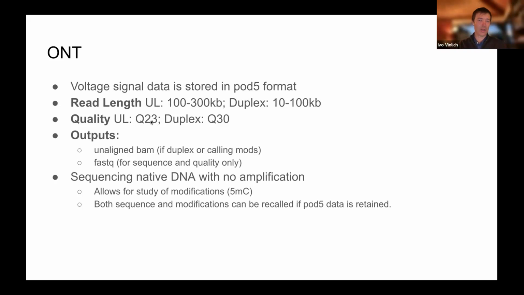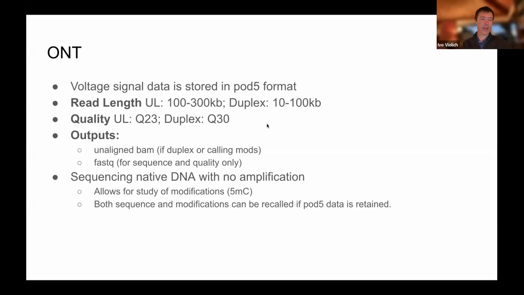You can see that ultra long is at Q23, and duplex is starting to get closer to that Q30 quality, the Illumina standard that HiFi can reach. The outputs, again, are unaligned BAMs or FASTQs. We'll most likely have unaligned BAMs.